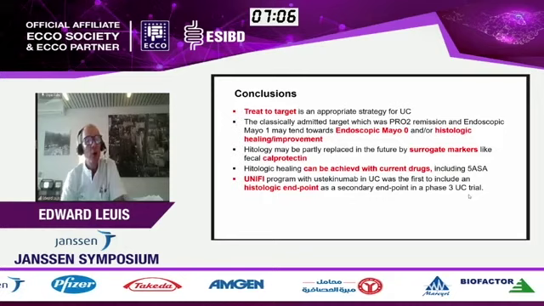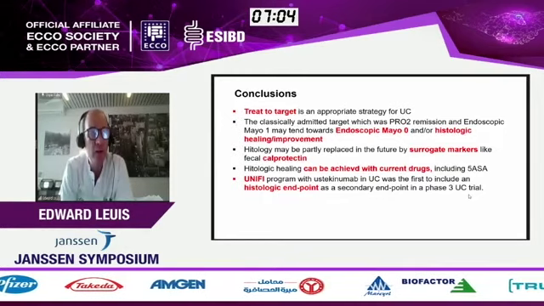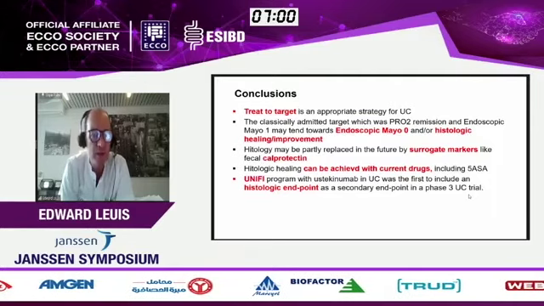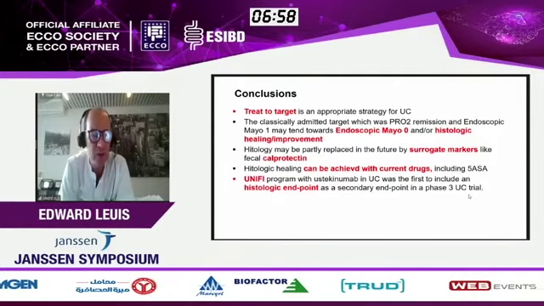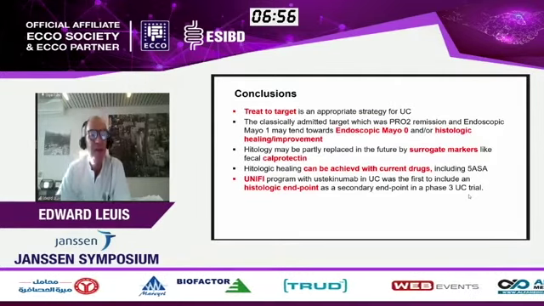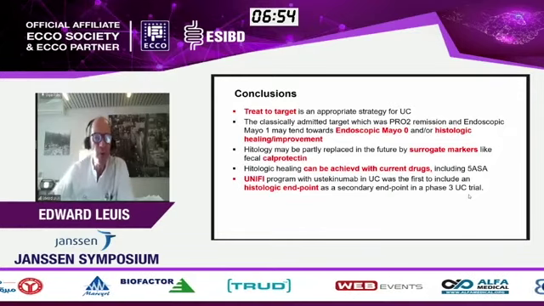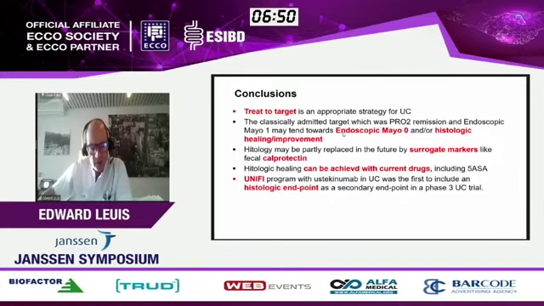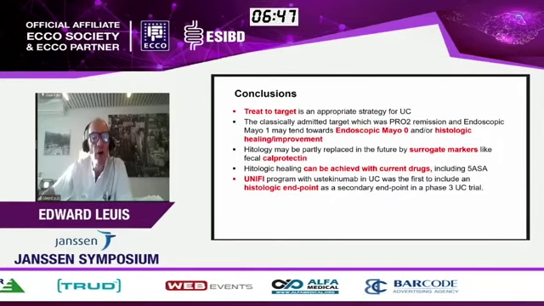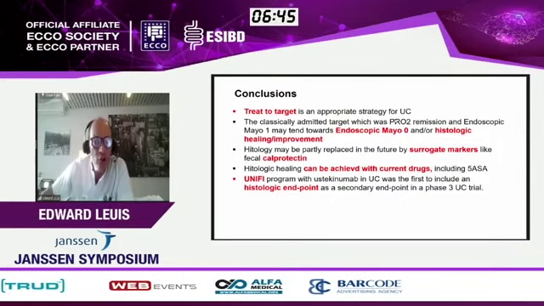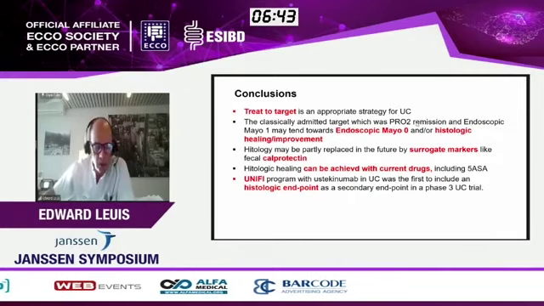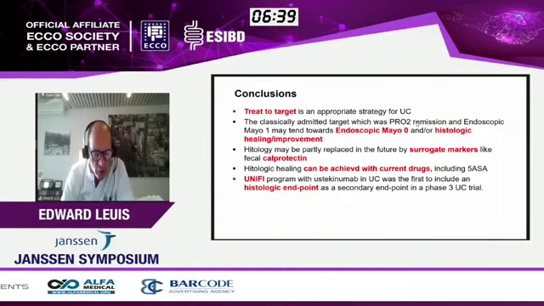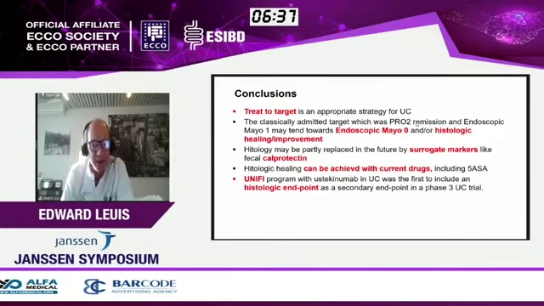So in conclusion, my point here is that treat to target strategy is certainly an appropriate strategy for ulcerative colitis. It is here to stay. In the initial paper published in 2015, the target was to reach symptomatic remission with PRO2, and PRO2 in ulcerative colitis is actually stool frequency and rectal bleeding.